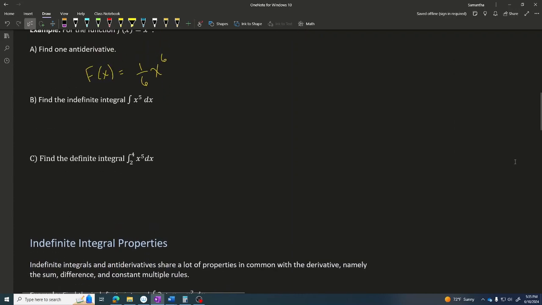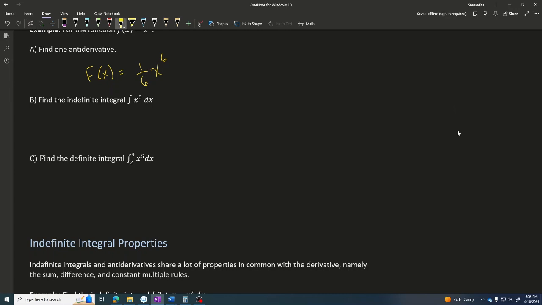Now next, someone asks me for the indefinite integral of x to the power 5, as denoted by this long s, but the long s does not have any limits on it. When they're asking for this, they're asking for the description of all possible antiderivatives of this function.